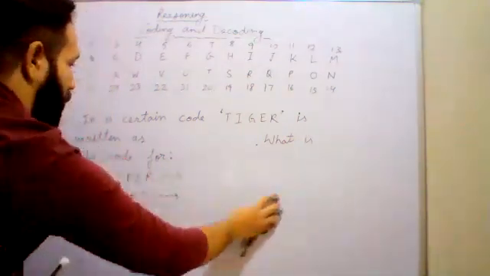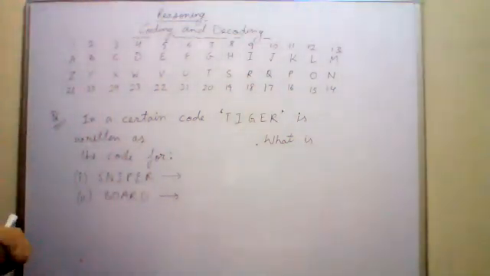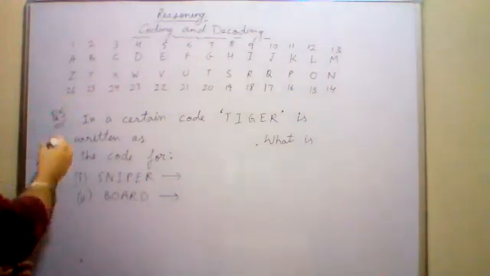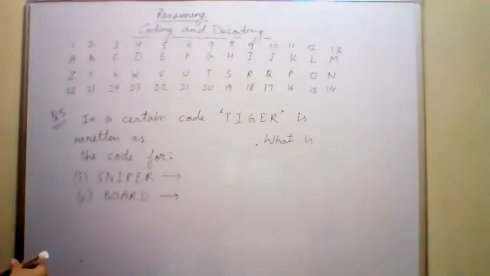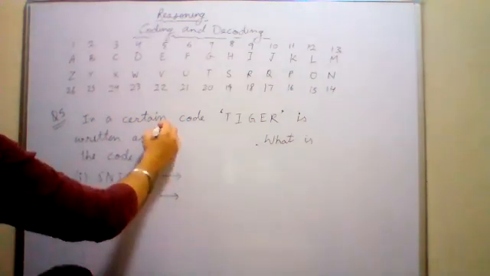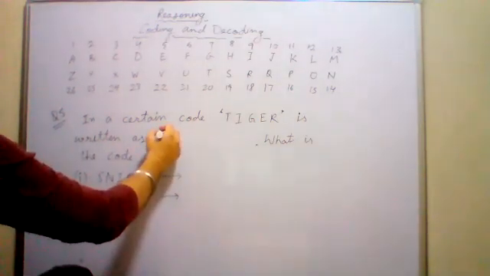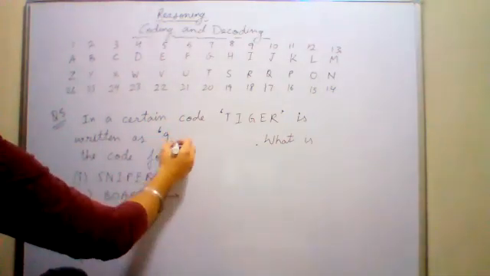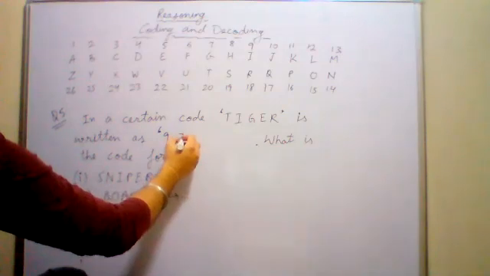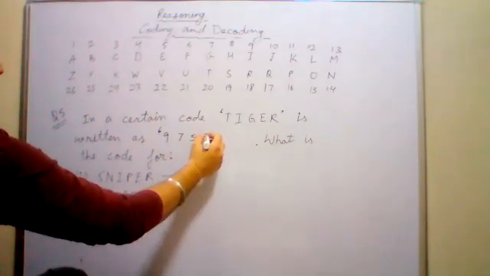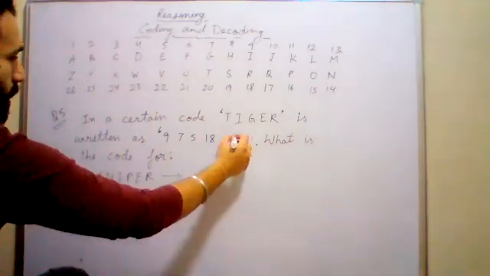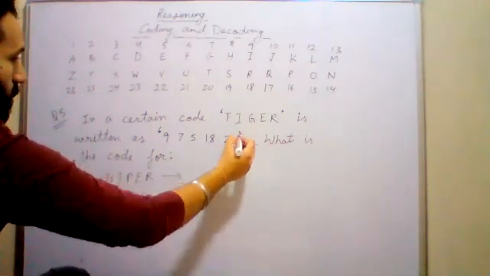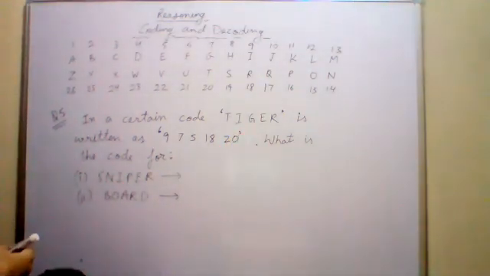Question number 5. I am not changing the words, just going to change the type of coding again. So, going to make it a little difficult slowly. 9, 7, 5, 18, 20. 9, 7, 5, 18, 20.